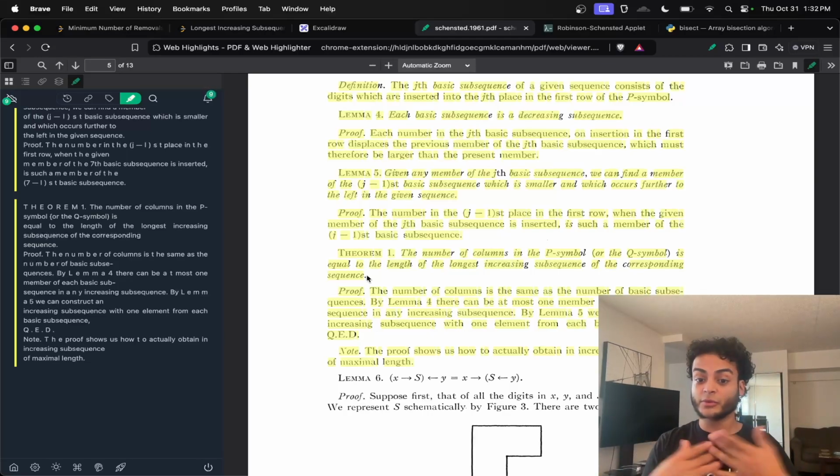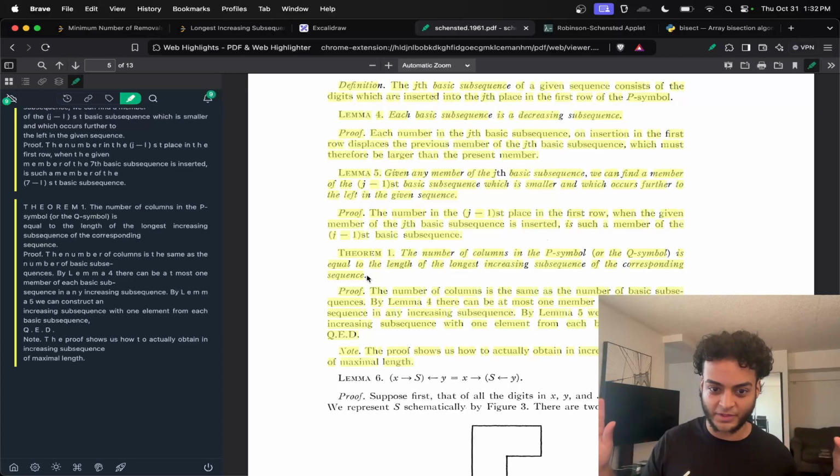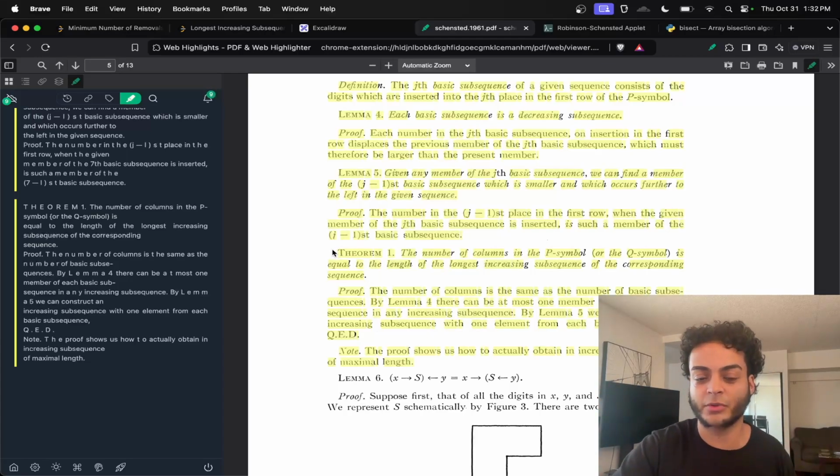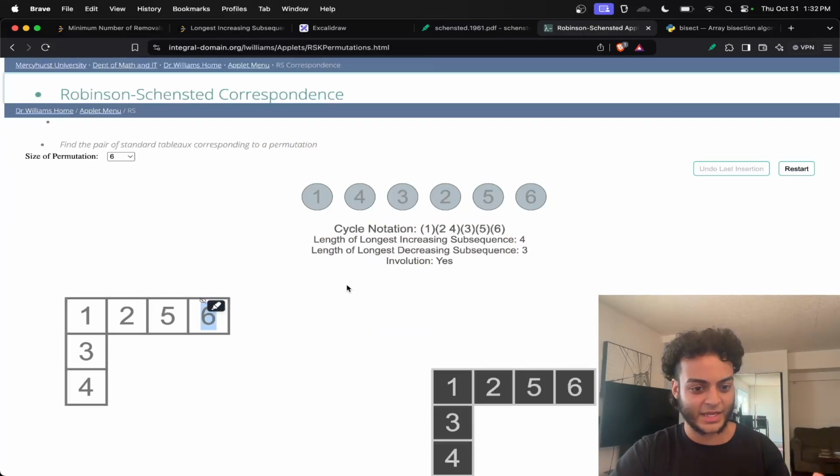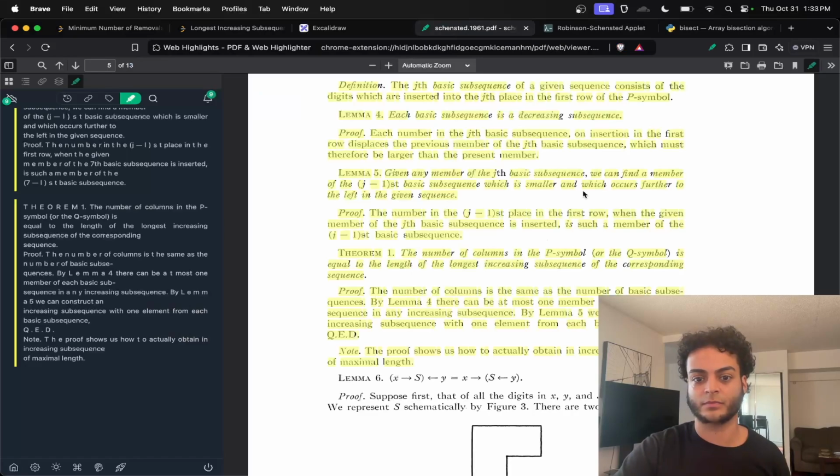So if we can follow this proof, what we learn is that by following Schensted's algorithm, we can obtain the length of the longest increasing subsequence just by looking at the top row of this tableau formed using Schensted's algorithm. So let's see if we can understand this proof a bit better.